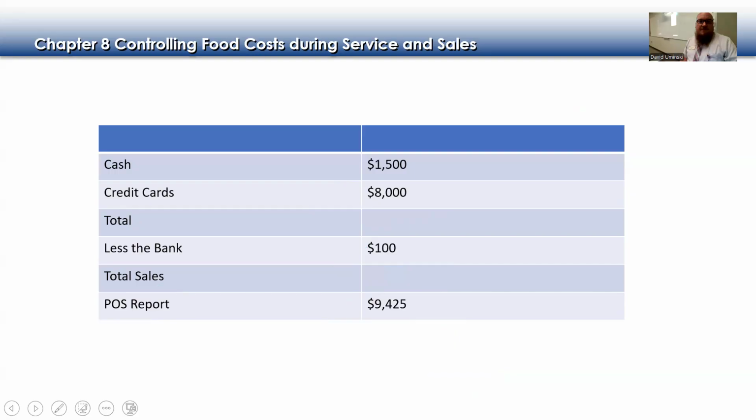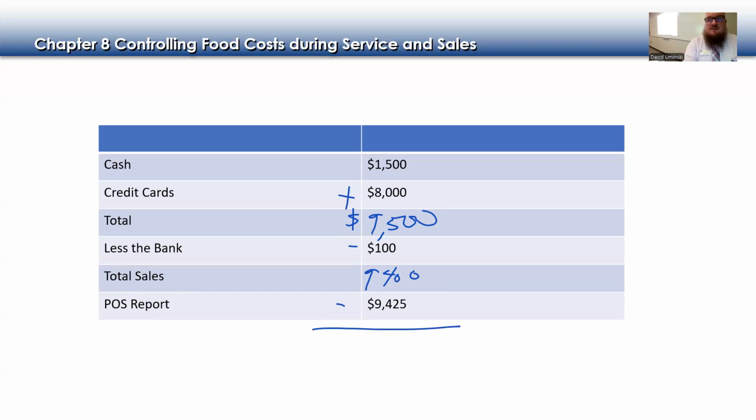Let's do another example. Our cash is $1,500. Our credit cards. We add the two numbers together. 9,500. Subtract my 100, 9,400. My total sales. Subtract.